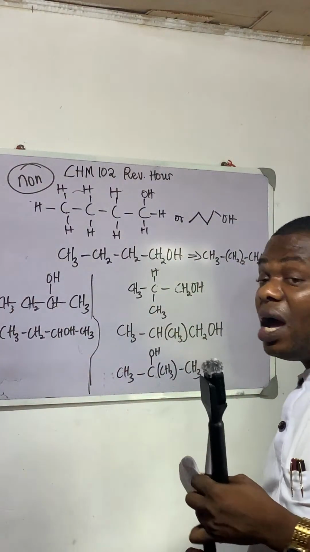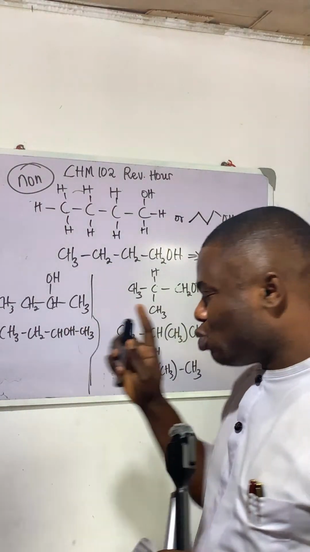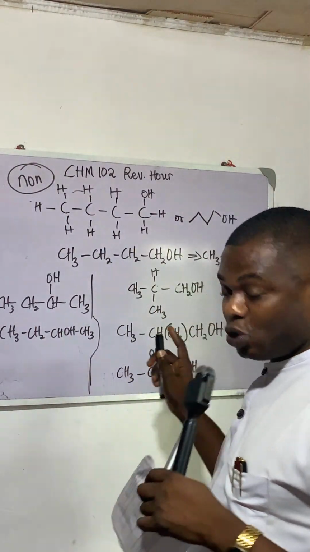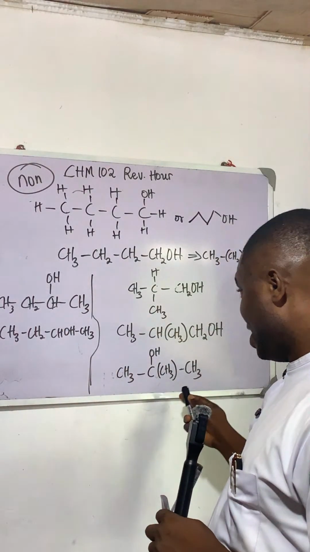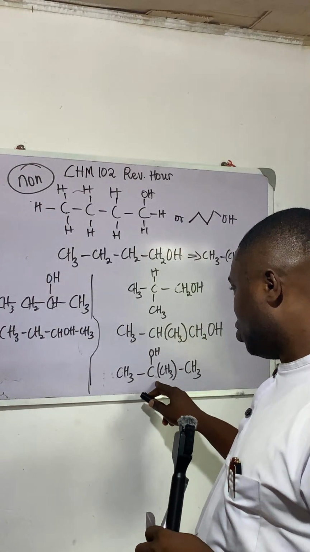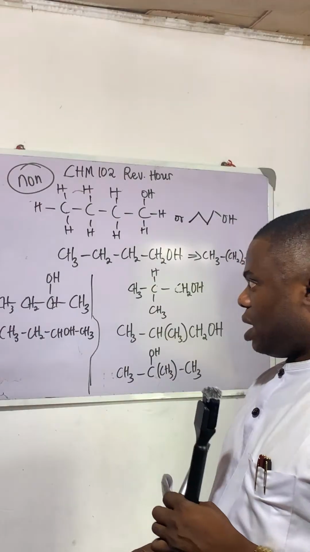And what do we name this? Remember, I'm just revolving around what I can technically call isomeric alcoholic isomers. We still have non-alcoholic isomers like ether. Now, this is what I can call 2-methylpropan-2-ol.